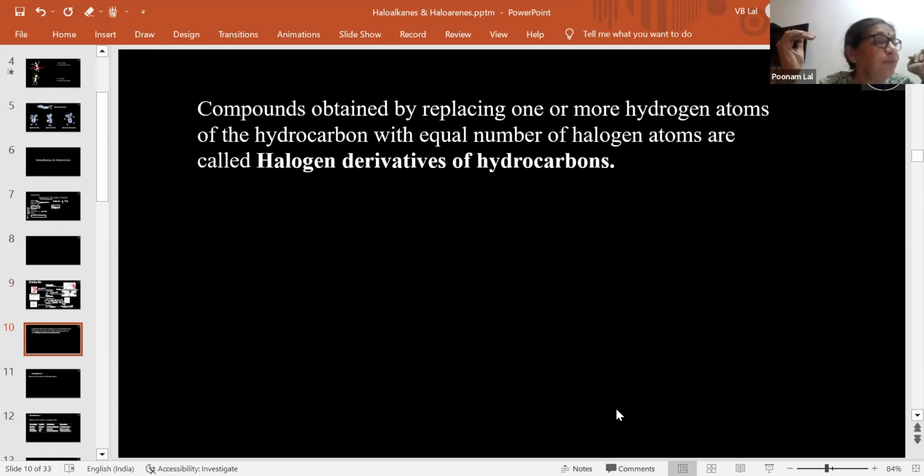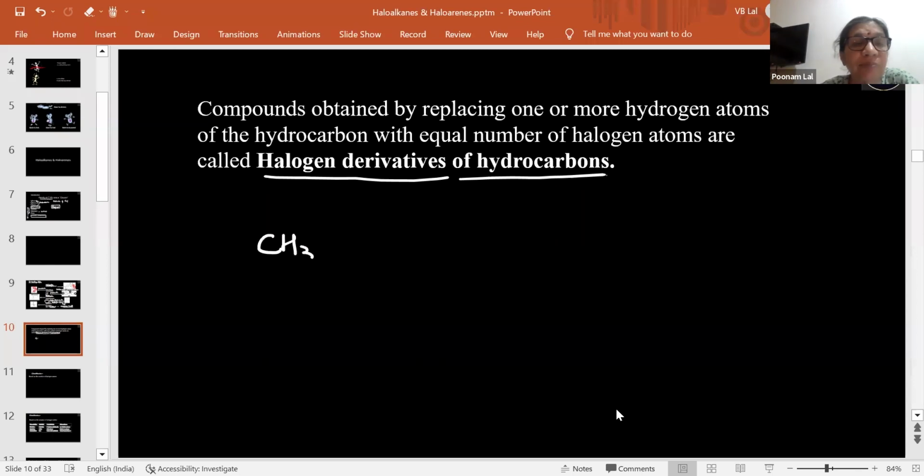Okay, so now let us come to what alkyl halides are. Alkyl halides are compounds obtained by replacing one or more hydrogen atoms from the hydrocarbon with an equal number of halogen atoms. So they are called halogen derivatives of hydrocarbons. Say for example, which compound is this?